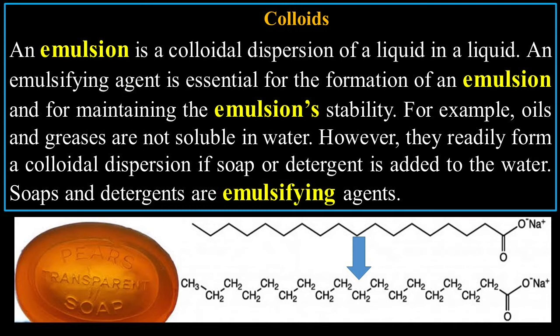You can clearly see how one side is going to be organic on the left and the other side is going to be ionic on the right. The ionic side attaches to the water, and the organic side, I think you should start calling things organic if they are organic, will stick to the organic material such as oil or grease or something of that nature.